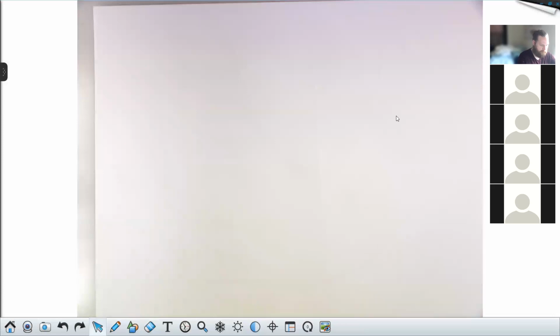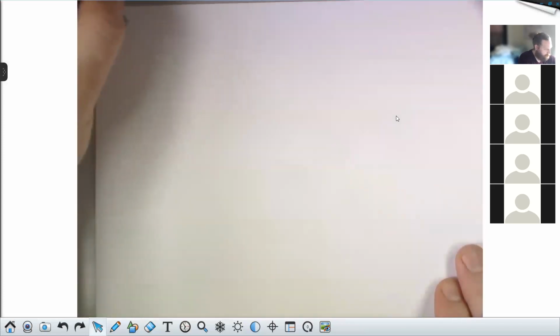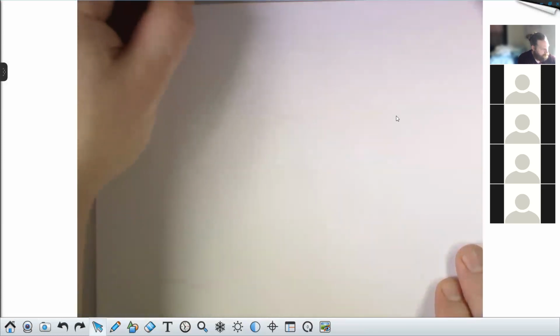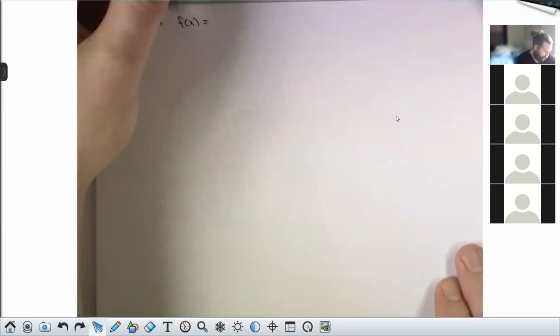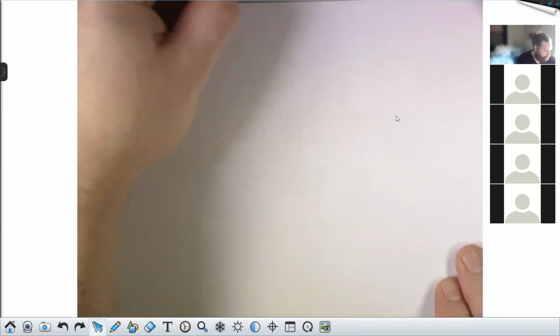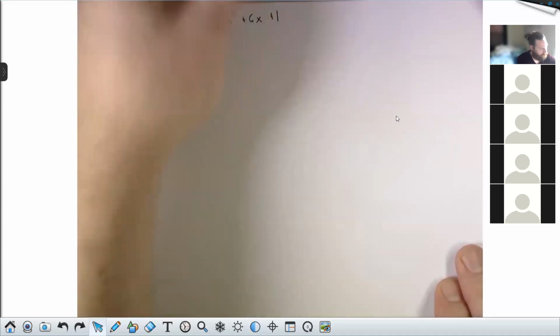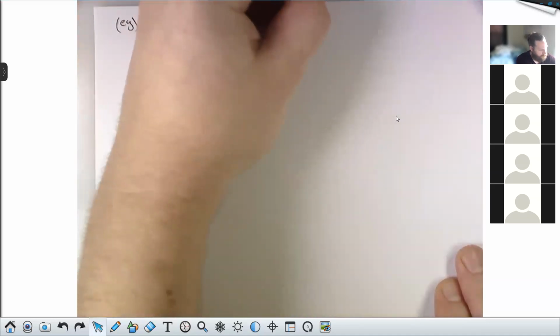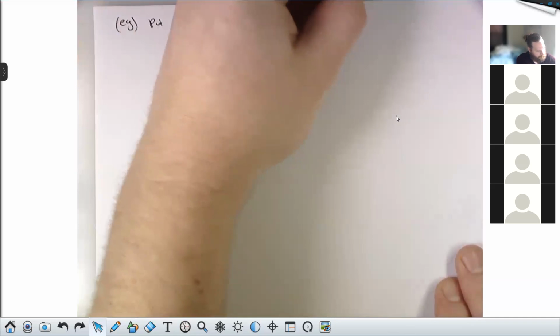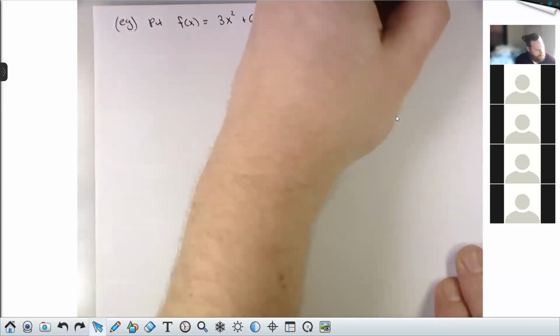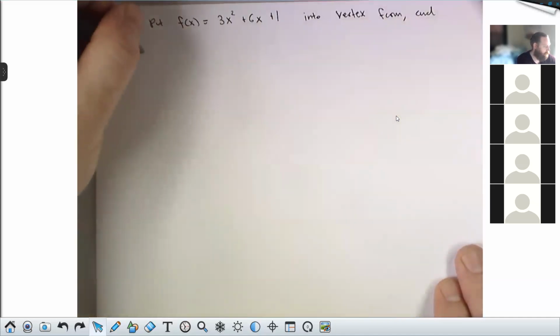Okay, so let's take the quadratic 3x squared plus 6x plus 1 into vertex form. And then sketch the graph.